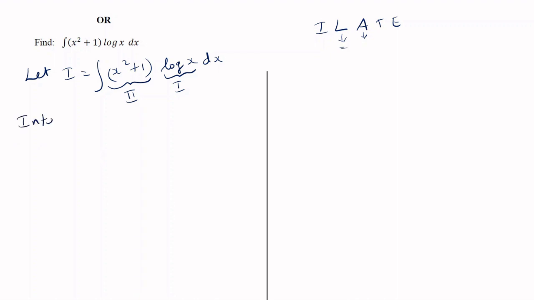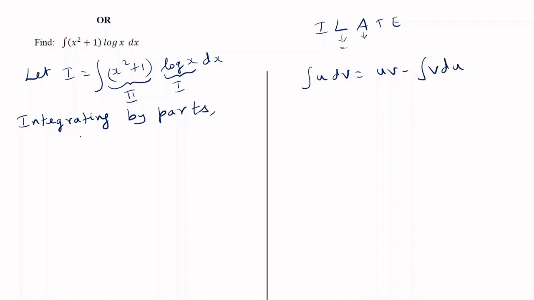Now integrating by parts, that is, we have to use integral u dv equal to uv minus integral v du.